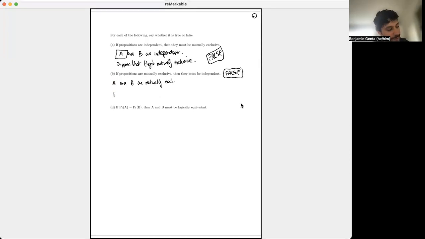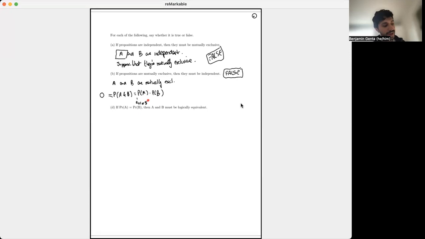Well, remember that A and B are independent only if the probability of A and B is equal to the probability of A times the probability of B, right? That's by rule 5. You can put rule 5 over here. Now, remember that if A and B are mutually exclusive, the probability of A and B is equal to 0 because their intersection is empty.